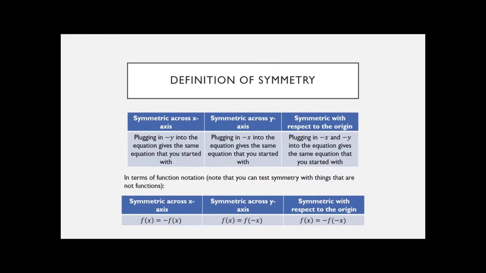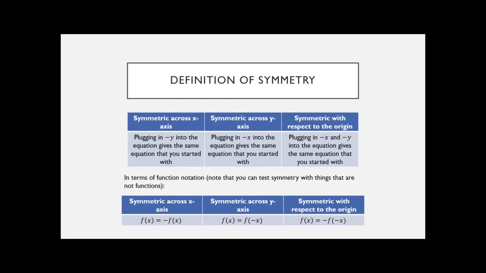So, specific definitions of symmetry. It's kind of hard to put into a definition. Even the book doesn't really have a definition, so I put this in my own words. If something is symmetric across the x-axis, then when you plug in a negative number for y, you'll get the same x value as if you have a positive version of that y value.